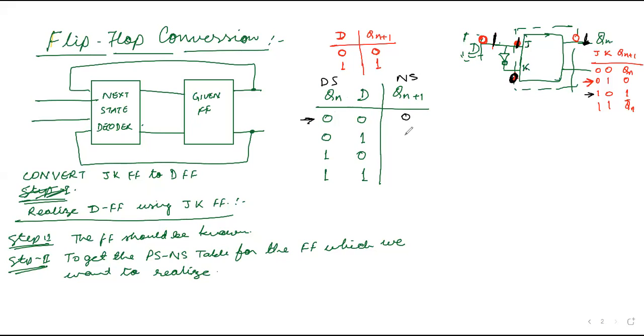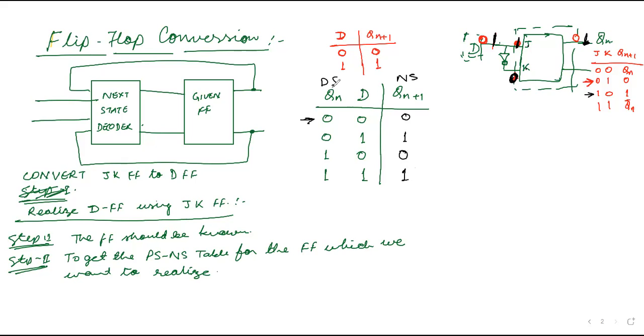Next, here what should I write? 1. Next 0. Next 1. ओके, तो इसमें कोई इशू नहीं होनी चाहिए.